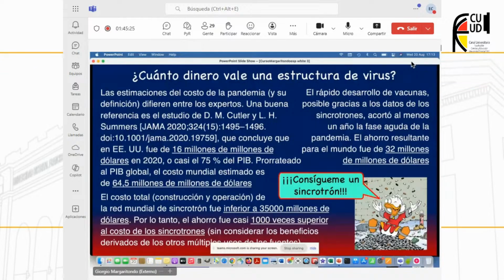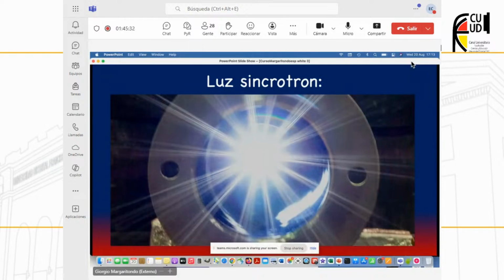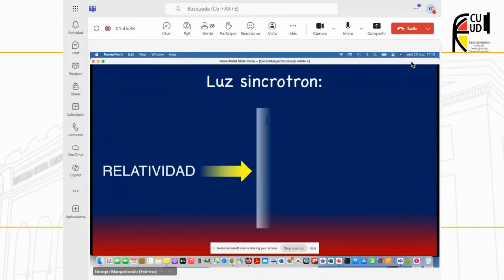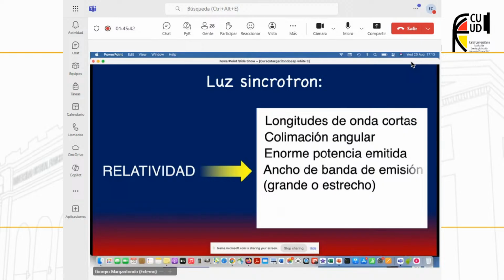All right. Let me go on now and start from where we stopped yesterday. We spent a lot of time discovering how, starting from relativity, we can discover a number of important properties for synchrotron radiation. Actually, this list is almost complete. The only thing that is missing is coherence.